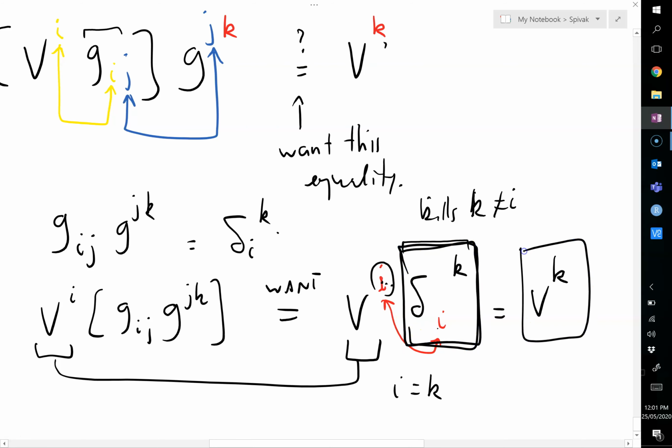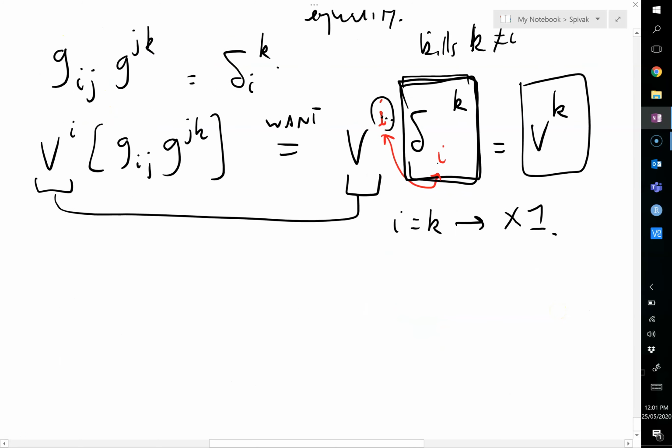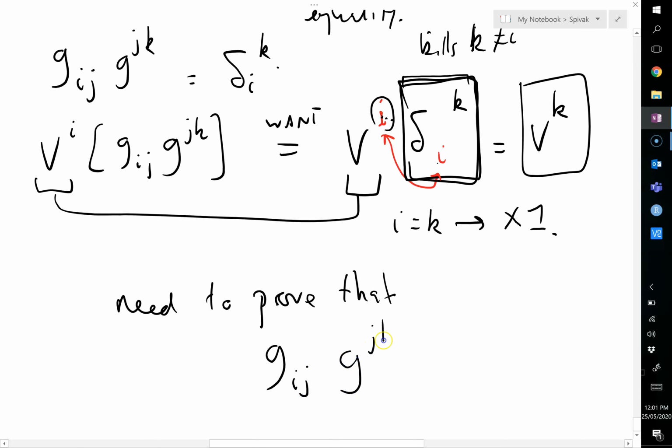And that's why we've got this here, because if I equals K, that means multiplying by 1, which means that we can just write it like that. So what I need to do, I need to prove that Gij downstairs multiplied by Gjk upstairs equals Kronecker delta, J's have gone, I, K.